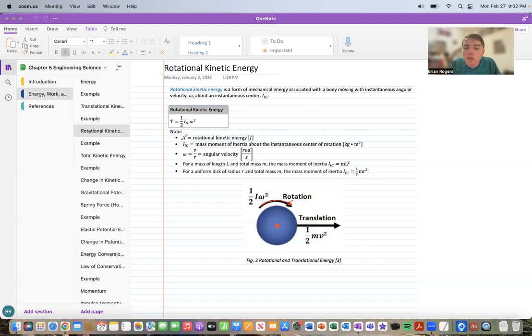What we're going to notice is the rotational kinetic energy is in units of joules, the mass moment of inertia about the instantaneous center of rotation is given in kilograms times meters squared, and then our angular velocity is given in terms of radians per second.